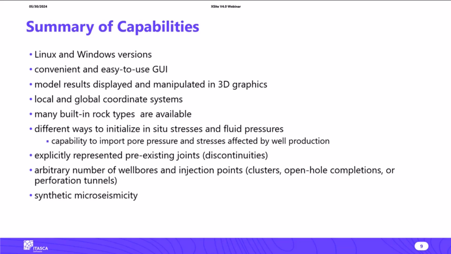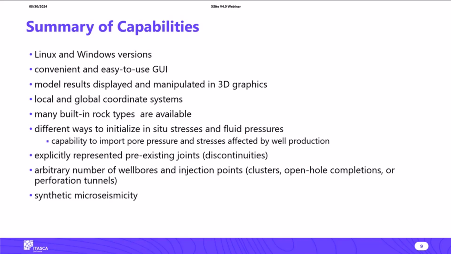ExSite has many built-in rock types, but the user can always set their own. There are different ways to initialize the model, particularly in situ stress with fluid pressure. I didn't mention in the slide also temperatures.